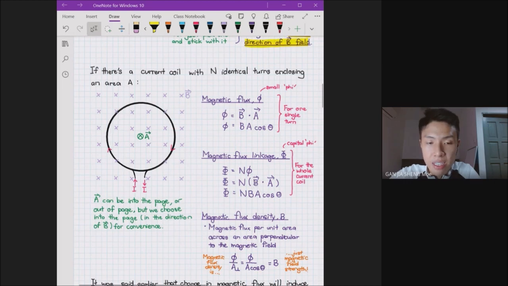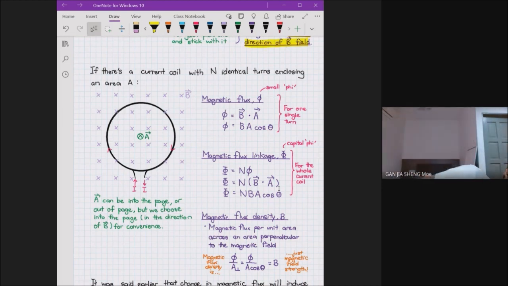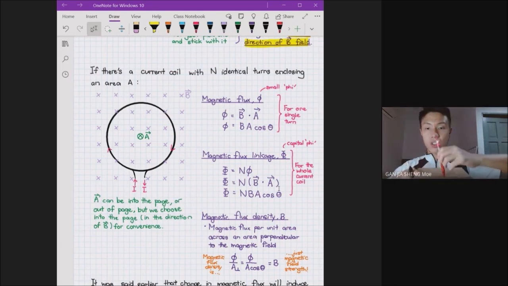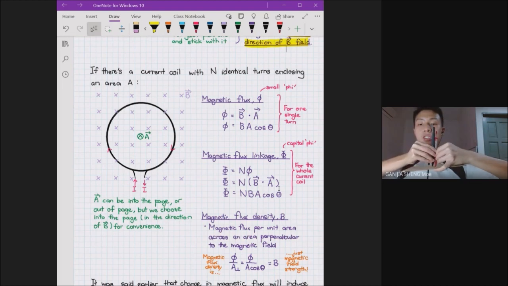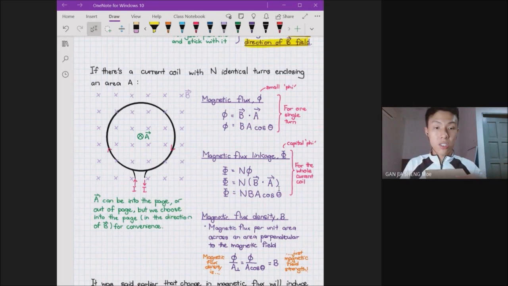In this diagram, the magnetic field is pointing into the page and the area vector is also pointing into the page, so the angle between these two vectors is 0. So it is cos 0 degrees that you substitute in here.